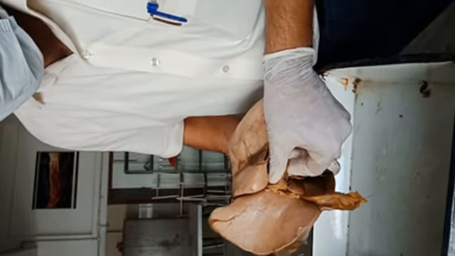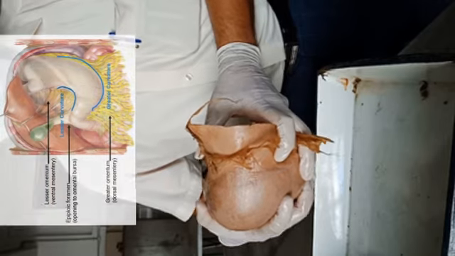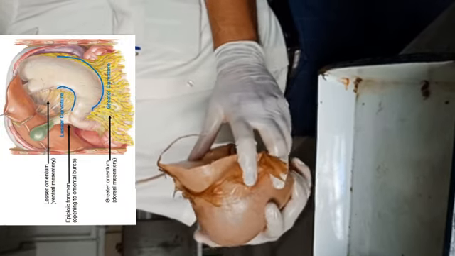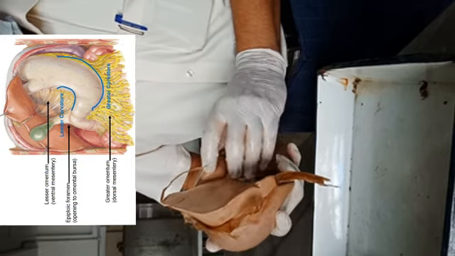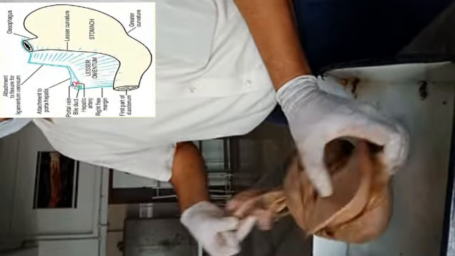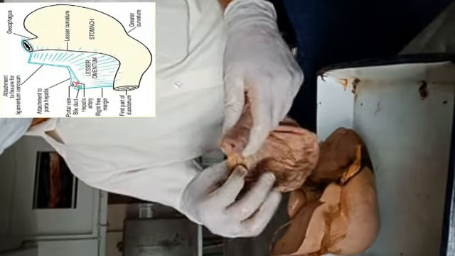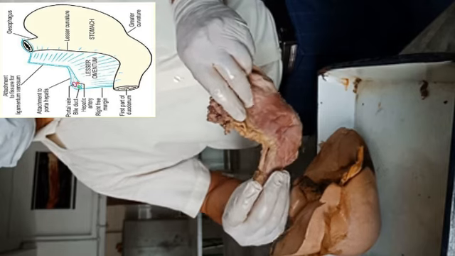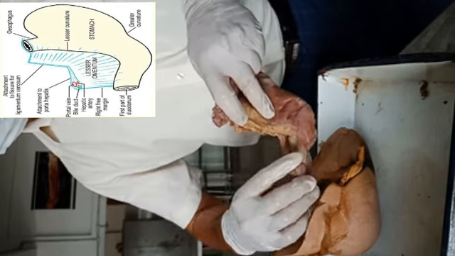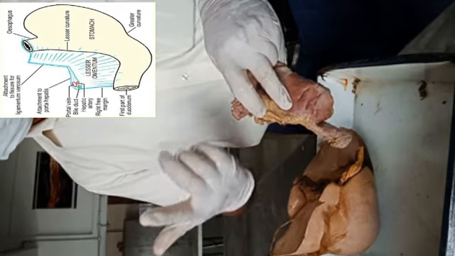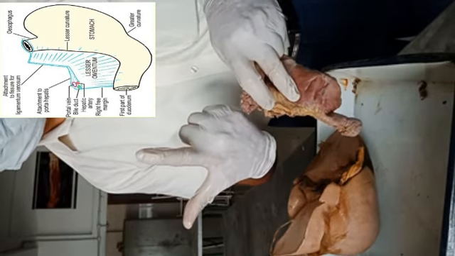lesser omentum. That is the peritoneal fold which is attached to the lesser curvature and the proximal part of the duodenum to the liver. It is J-shaped. If you see the stomach, you can see this is J-shaped. Here the peritoneal fold is going up, so it will also look J-shaped.